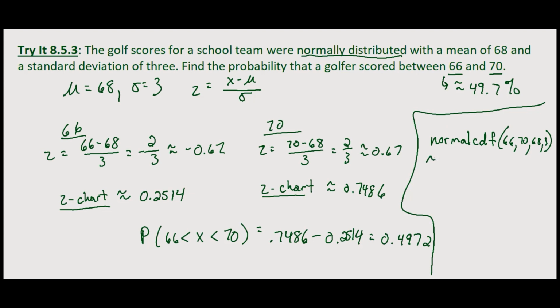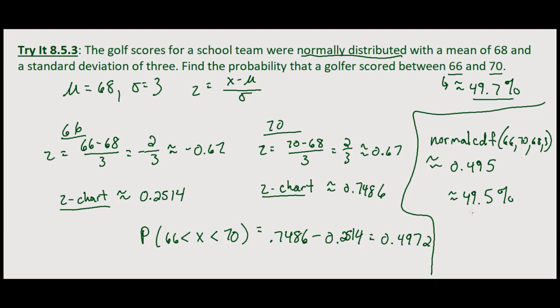And when we hit enter, we get approximately 0.495, which would then correspond to the probability that a golfer scored between 66 and 70 being approximately 49.5%.